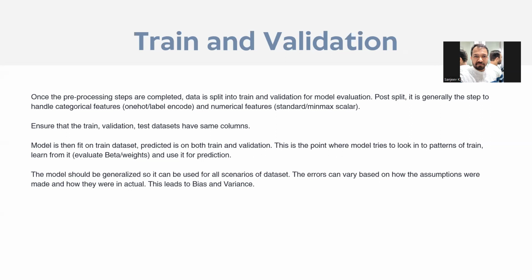Let us say that we have applied a model, and the model is telling us that on the train data set, I'm getting an RMSE, the root mean square error, of 5. The same error on the validation, I'm getting 15. So there is a lot of variation between my train error metric and the validation error metric.